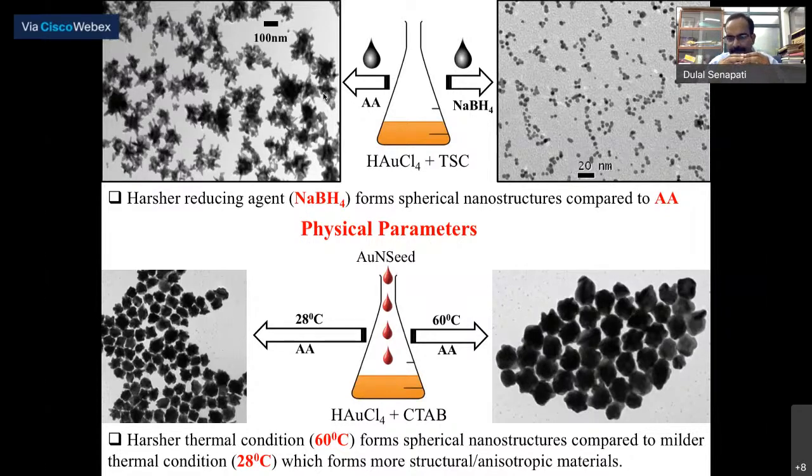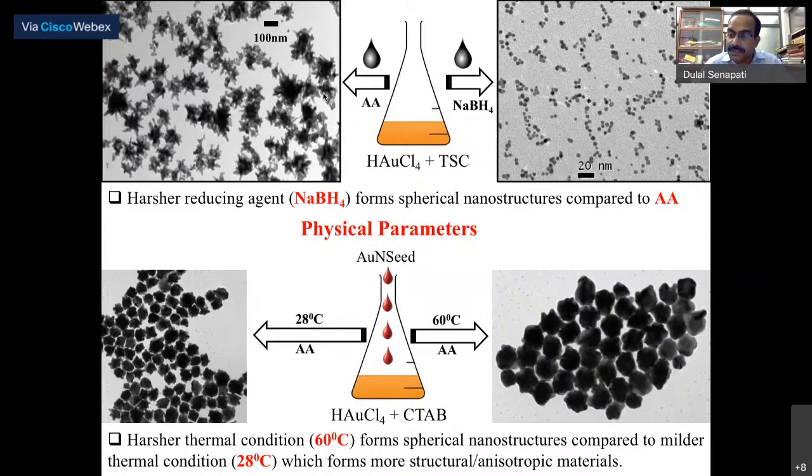Now I'm putting in the gold seed and trying to grow the particle. In both cases, the reducing agent is ascorbic acid, which is a slow reducing agent.